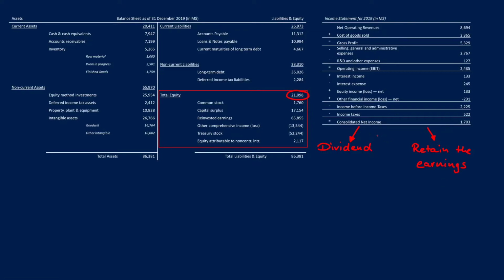The decision that is made here is what we call the dividend policy. Okay, so we can now apply the return on investment concept on the dividend. And what we get is the so-called dividend yield.